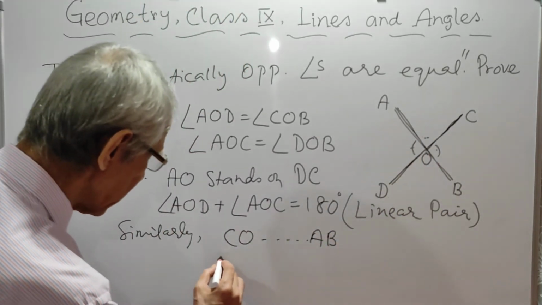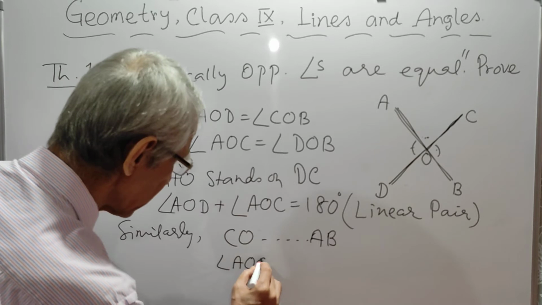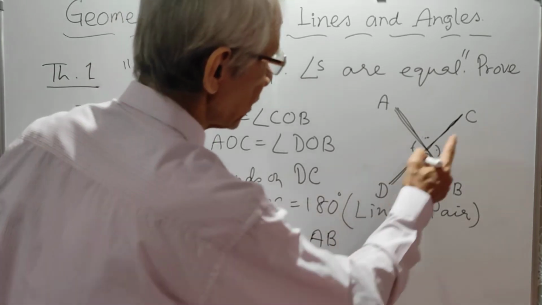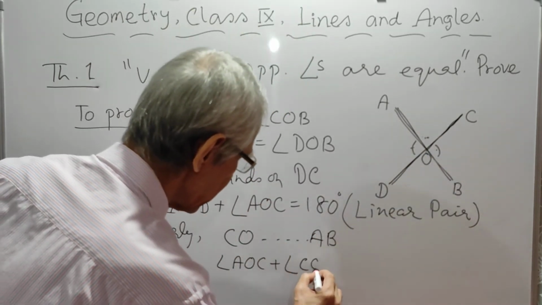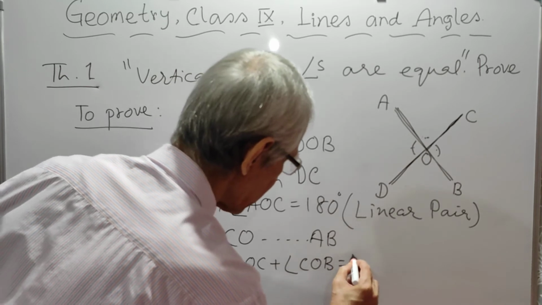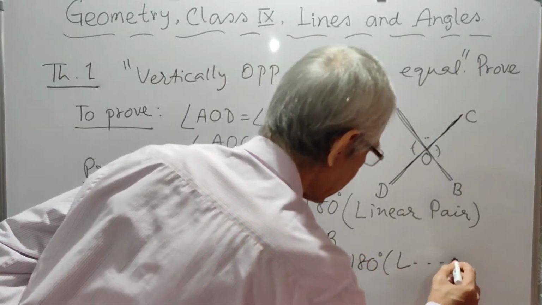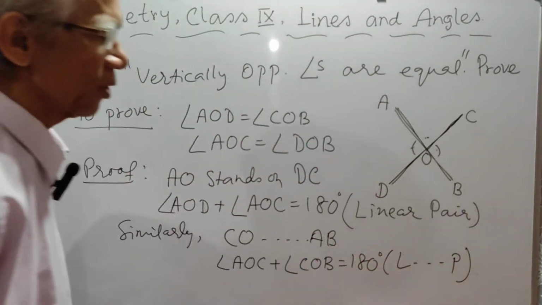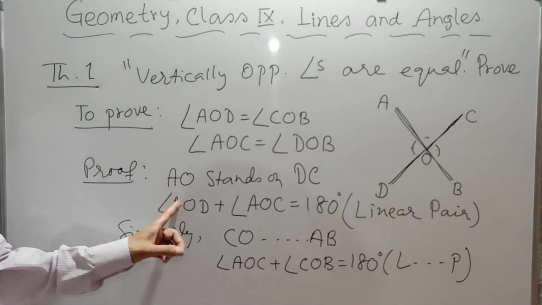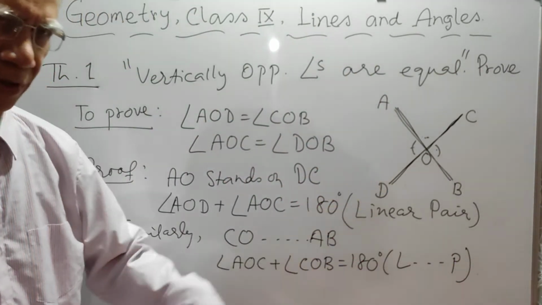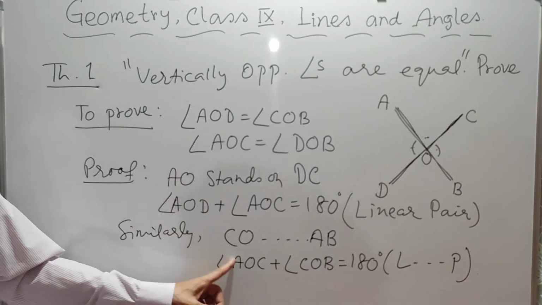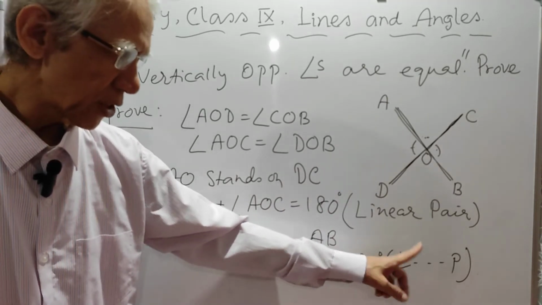Which two angles? Angle AOC plus angle COB. Again, what reason? Linear pair. That is axiom 1. The sum of these two angles is 180 degrees because of the same reason, linear pair.